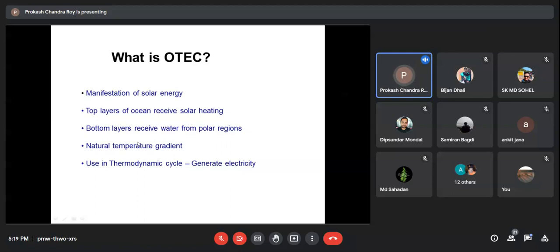Those who have studied thermodynamics or the Rankine cycle can understand better. I think most of the students have studied thermodynamics as a paper, with the vapor cycle, Rankine cycle, or know the working principle of a steam power plant. What is happening there?